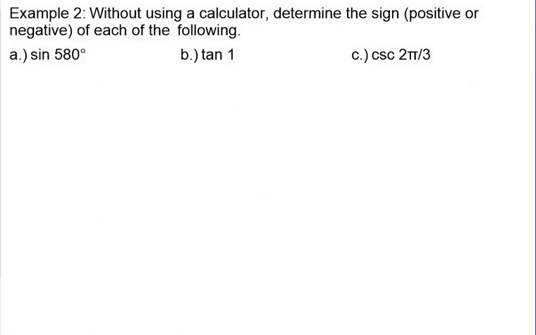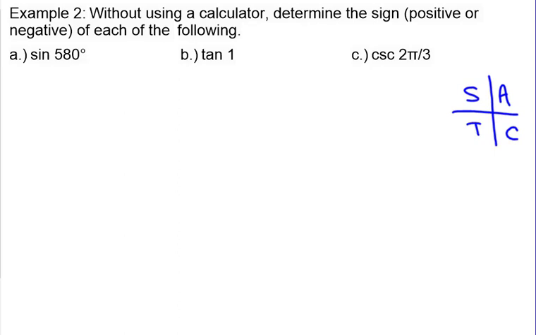Example 2, without using a calculator. Again, reminder, on this unit test there will be a no calculator section. Determine the sign, positive or negative, of each of the following. All we need to know for this is our All Students Take Calculus rule.